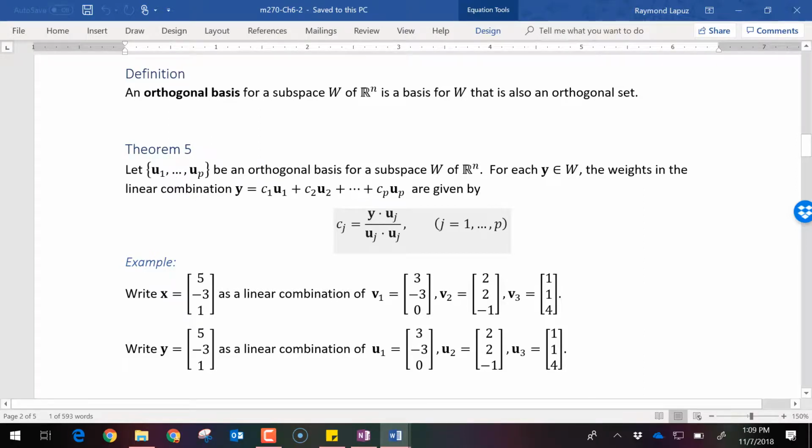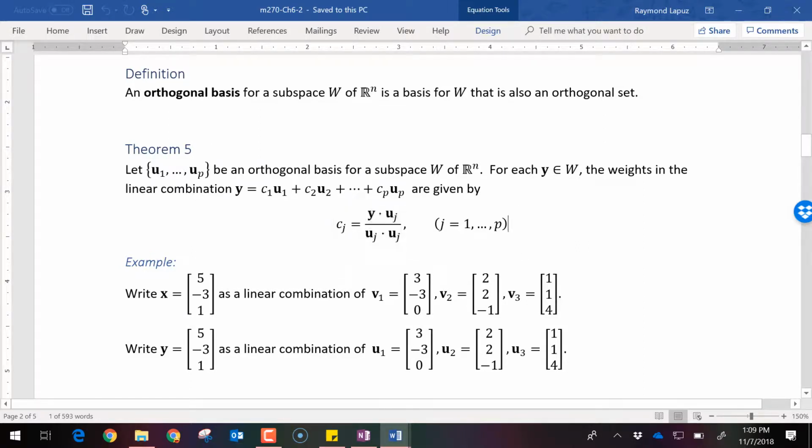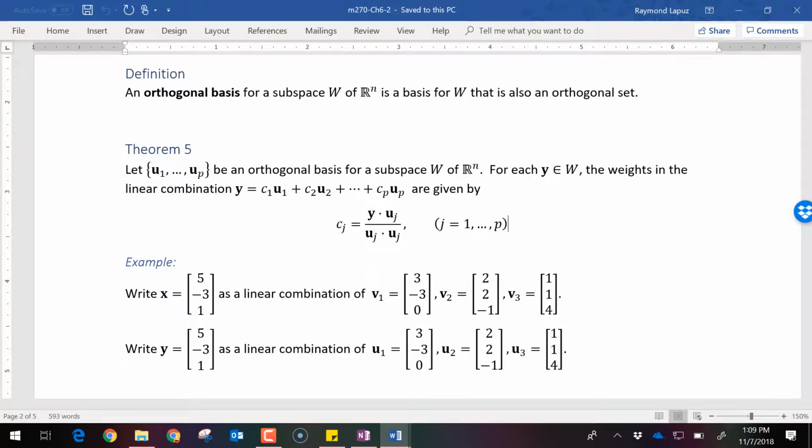Each weight turns out to be the dot product of the vector you're looking for with the basis vector you're dealing with, divided by the basis vector dotted with itself. And if that looks familiar, it is because it's the projection formula. So one way to think about this is that you're projecting y onto one of those vectors.